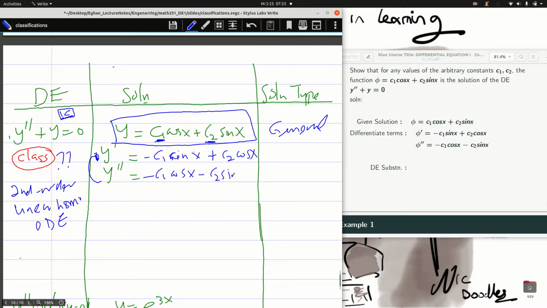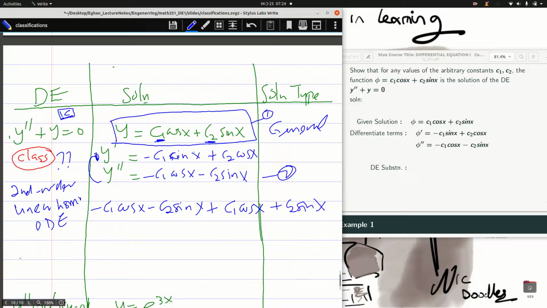So I'll substitute equation 1 and equation 2 into the differential equation. The differential equation does not have y prime. It's just y and y prime prime. So let's do a substitution. I have negative c1 cos x minus c2 sin x for the y prime prime, plus y, which is c1 cos x plus c2 sin x.